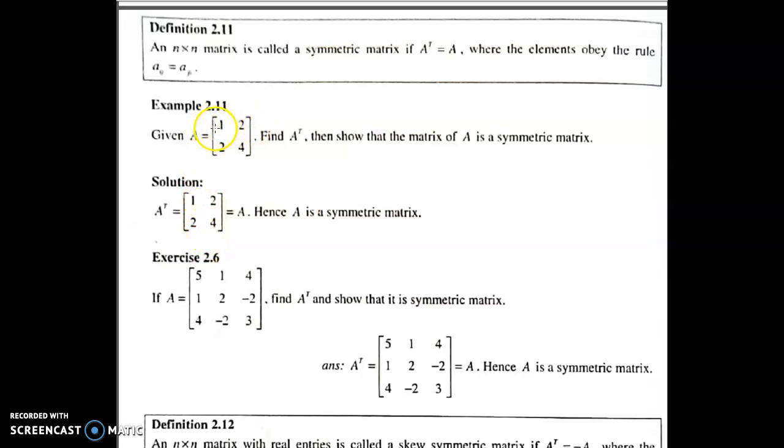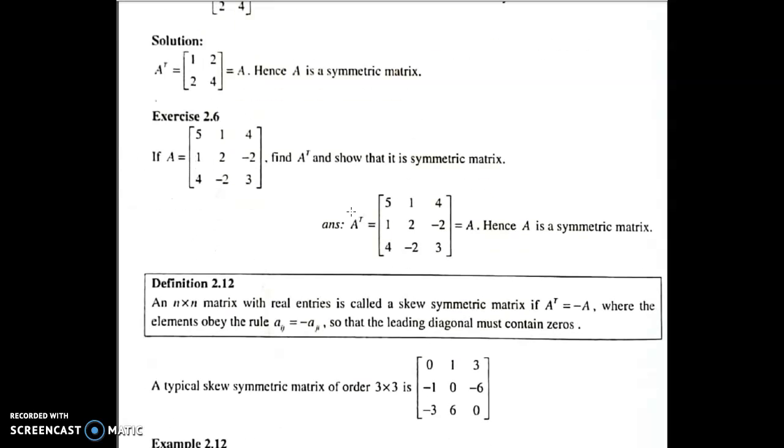Because if you transpose it, 1 2 becomes the column, 2 4 becomes the column. You still get the same arrangement of elements. So basically this is an example of a symmetric matrix. To show whether a matrix is symmetric or not, you just need to do the transposition.